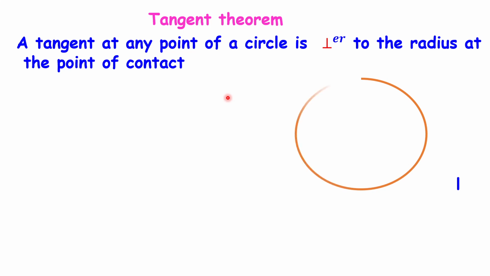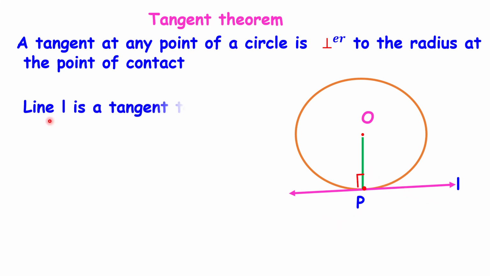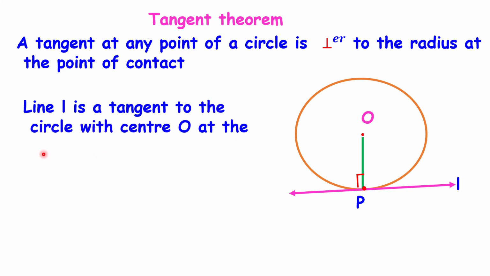In this figure, O is the center of circle and line L touches the circle at point P. Therefore, P is the point of contact and radius OP is through the point of contact P. Therefore, the tangent L is perpendicular to the radius OP. Line L is the tangent to a circle with center O at point P. Therefore, line L is perpendicular to segment OP.